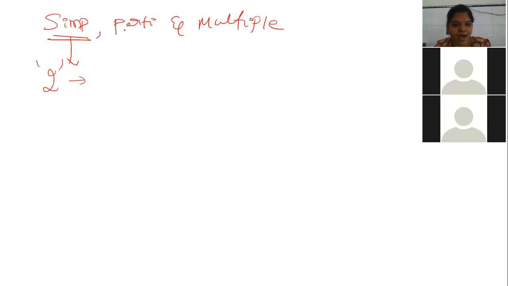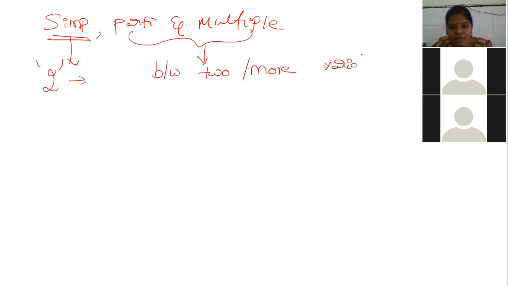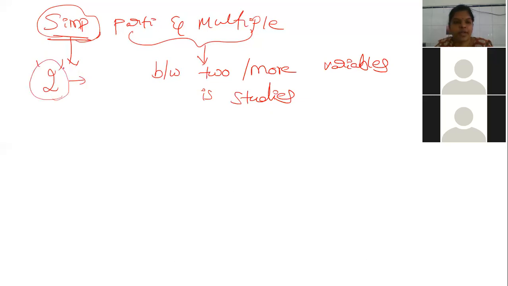In case of partial and multiple correlation, the relationship between two or more variables is studied. In case of simple correlation, we are going to study only two variables.